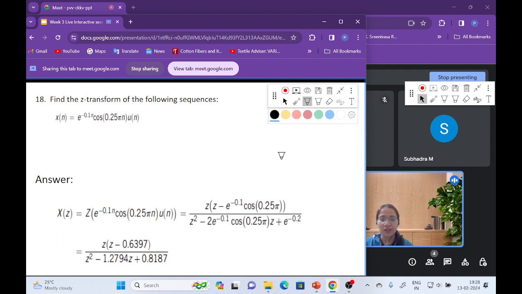Try to find out what is the value of e to the power minus 0.1, and you already know the value of cos 0.25 pi.